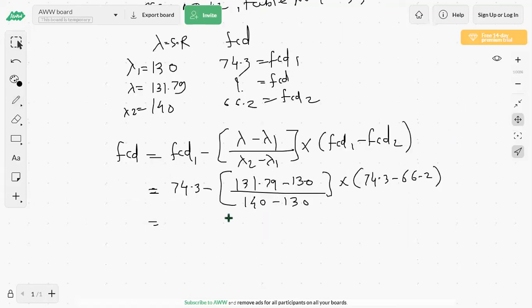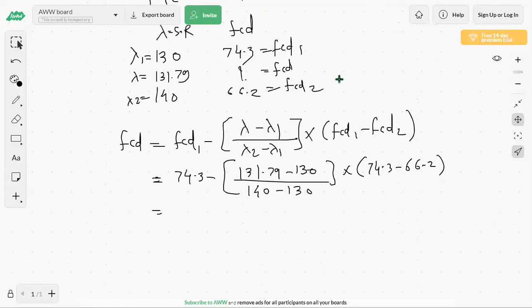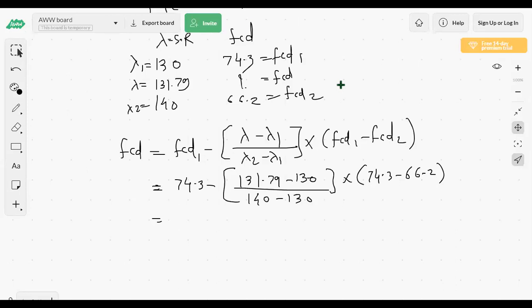FCD is the design compressive stress. The answer is 72.85. Others please, is this the correct answer? Swapnil has given this answer, 72.85.